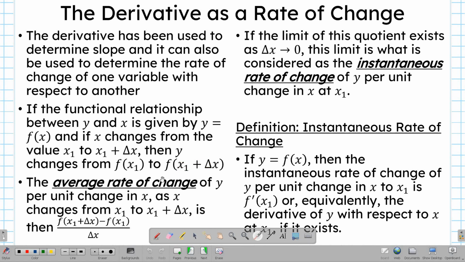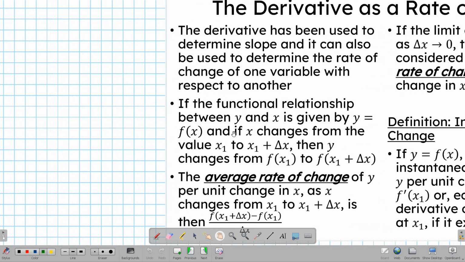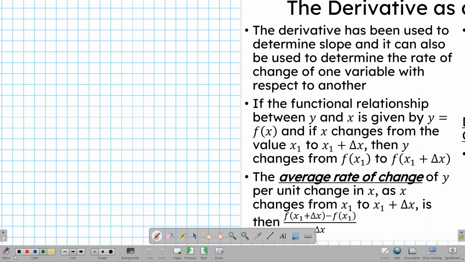Just like we showed before in the lesson about differentials, your variable x, from the value x sub 1, becomes x sub 2, which is equal to x sub 1 plus a certain value, delta x, which means change in x. That's the differential, the change in x.